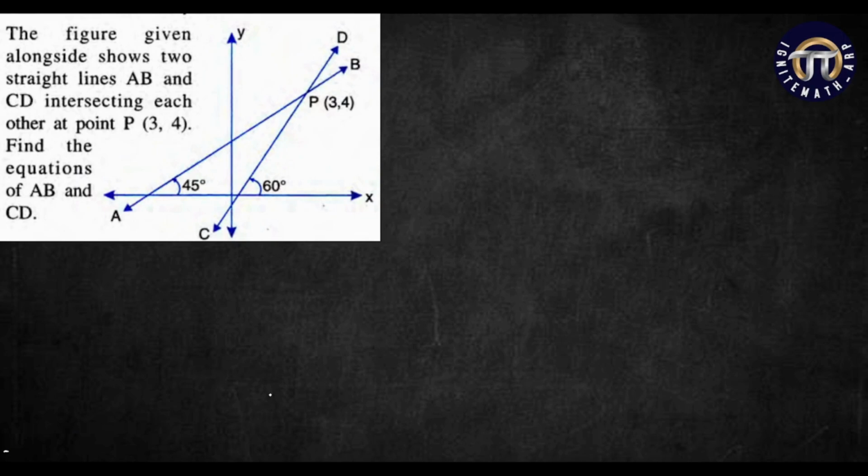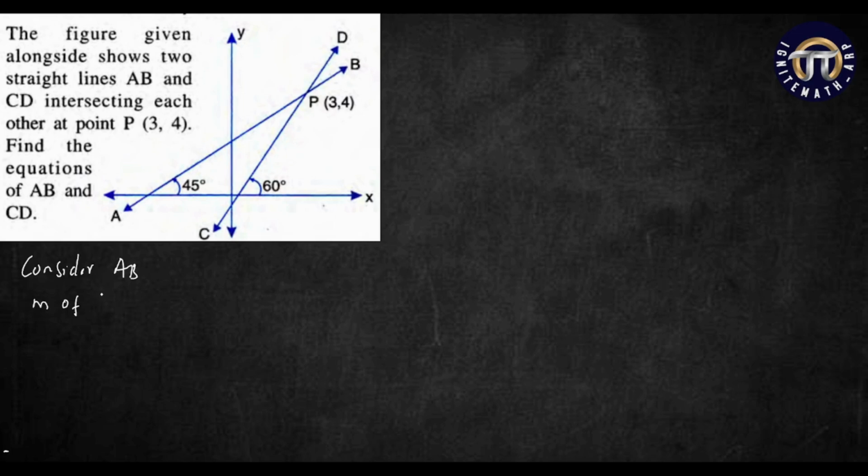The figure given alongside shows two straight lines AB and CD intersecting each other at point P (3, 4). See, the point P is a point of intersection of both the lines. Now you are supposed to find the equation of AB and the equation of CD. So I'll first consider AB.